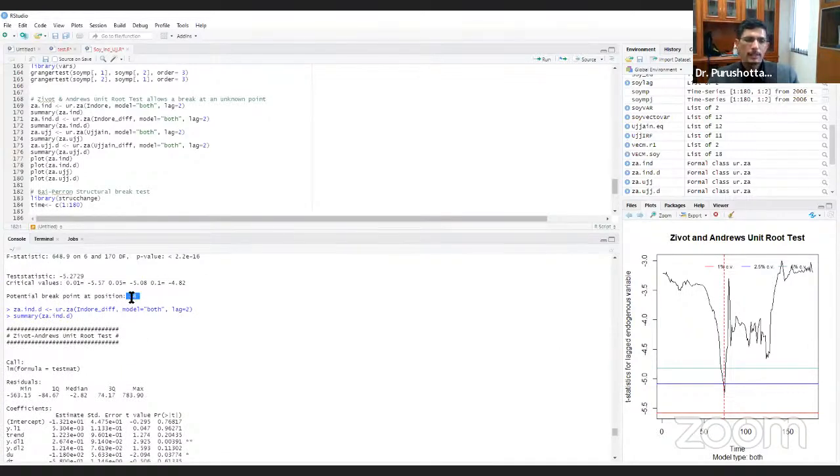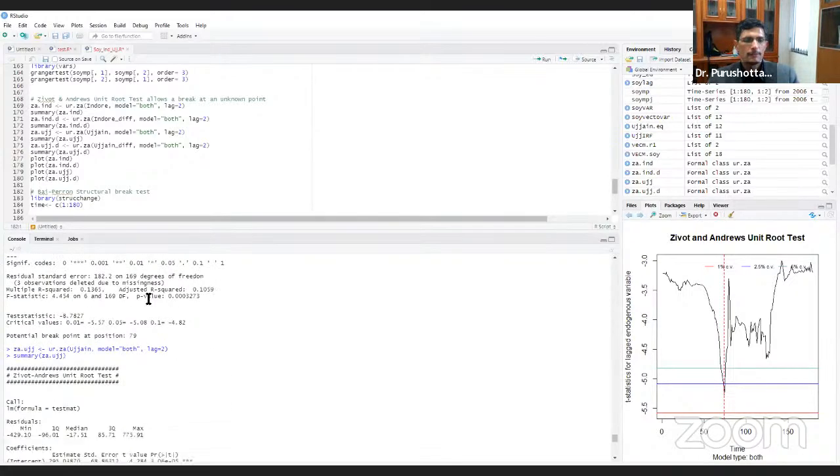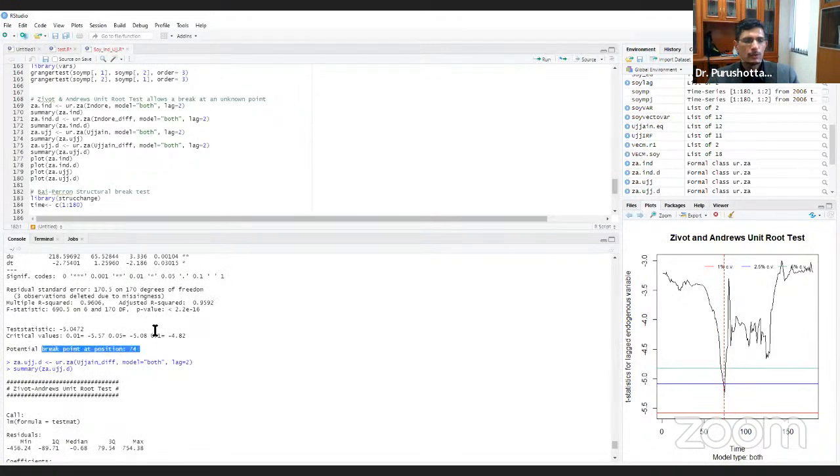So in the level series, the breakpoint is at position 74 in Ujjain as well as in Indore.